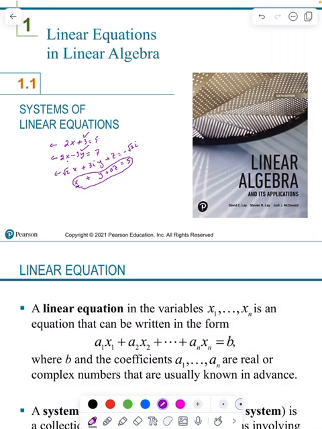What we note here is that the maximum power on the variable is going to be 1. You can have a 0 power or a 1 power on the variable, and that's why it's called a linear equation. And the coefficients are either real numbers or complex numbers.